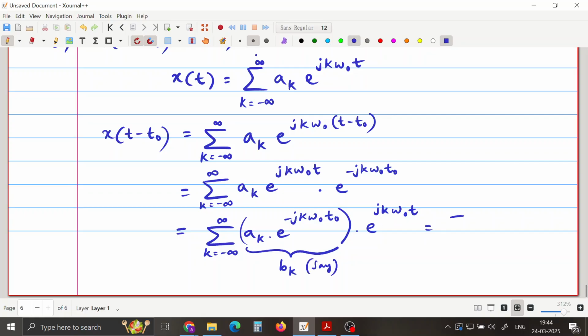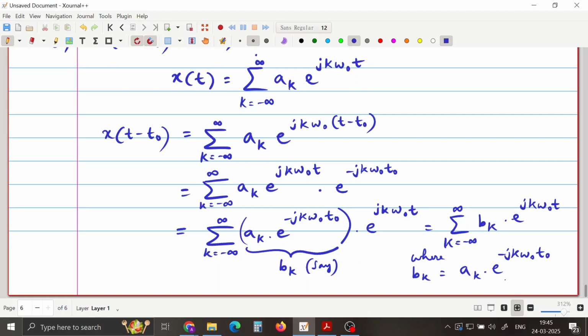So this is of the form summation k running from minus infinity to infinity of bk into e power jk omega naught t. So it is the exponential Fourier series representation of x of t minus t naught, but now my Fourier series coefficients are bk's, where my bk is this ak times e power minus jk omega naught t naught.